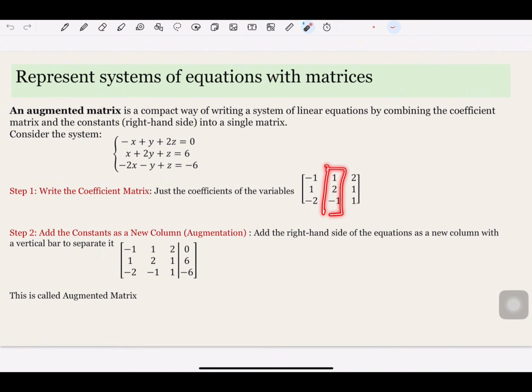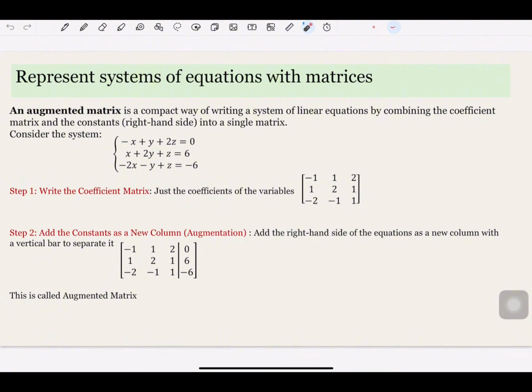Similarly, this column gives you the coefficients of the y variable in these three equations: 1, 2, -1. And this column is for the z variable. This is how you get your coefficient matrix, and we write it in this format.